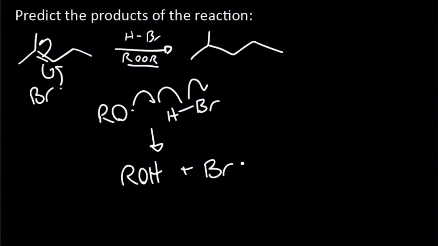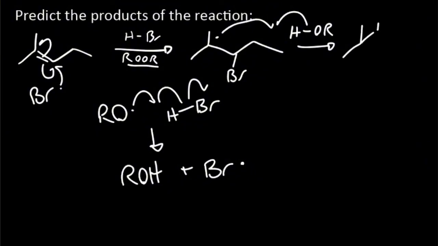So the product's going to look like this with a tertiary radical, and then that is going to break this bond between the hydrogen and the alcohol, and we're going to finish the addition.